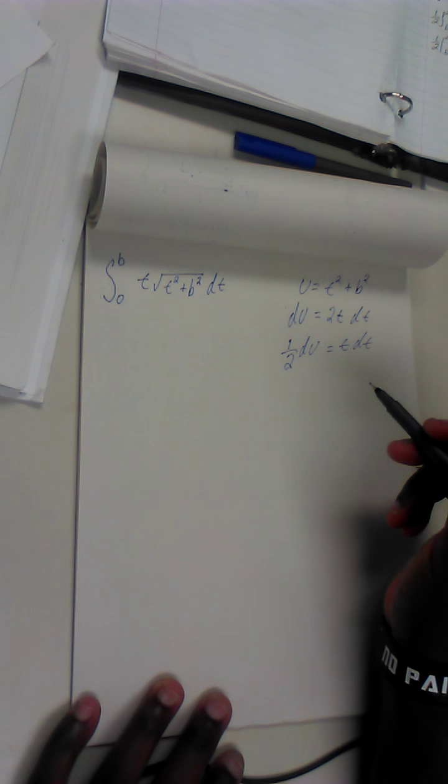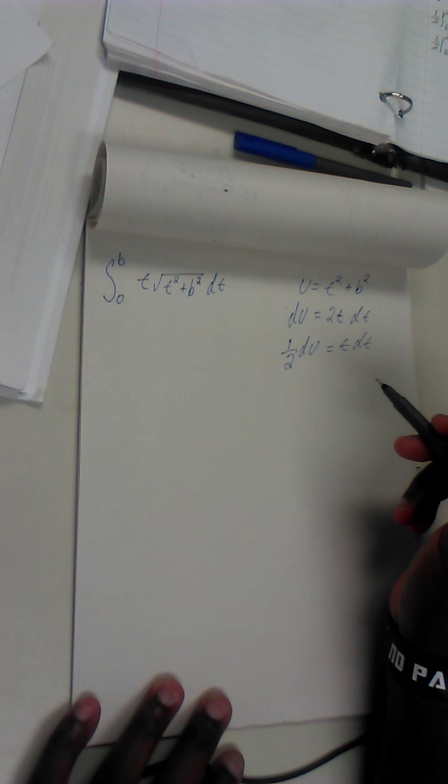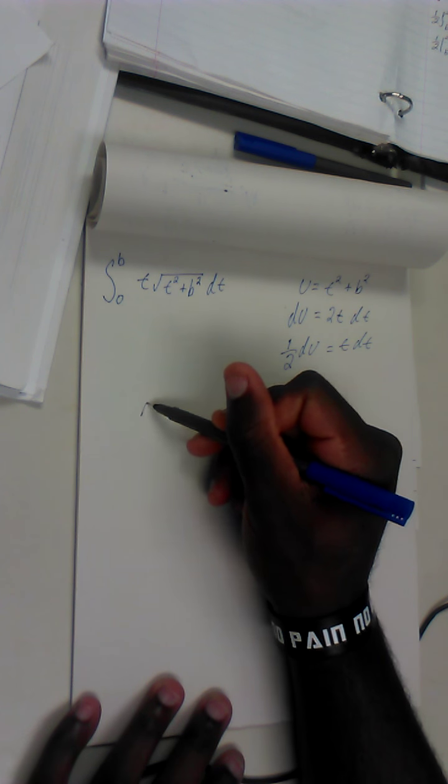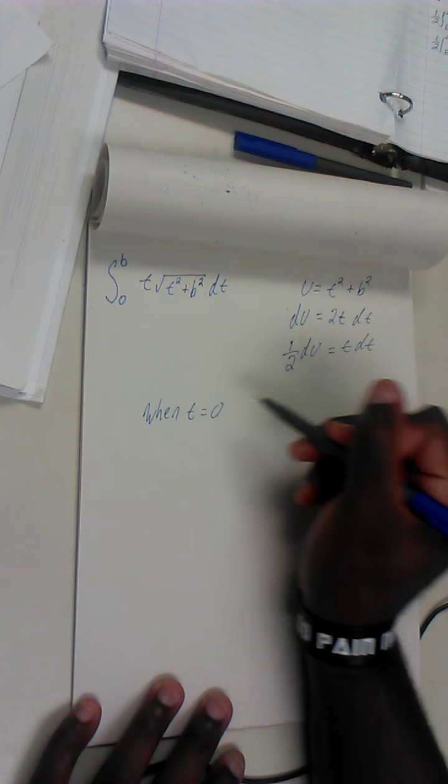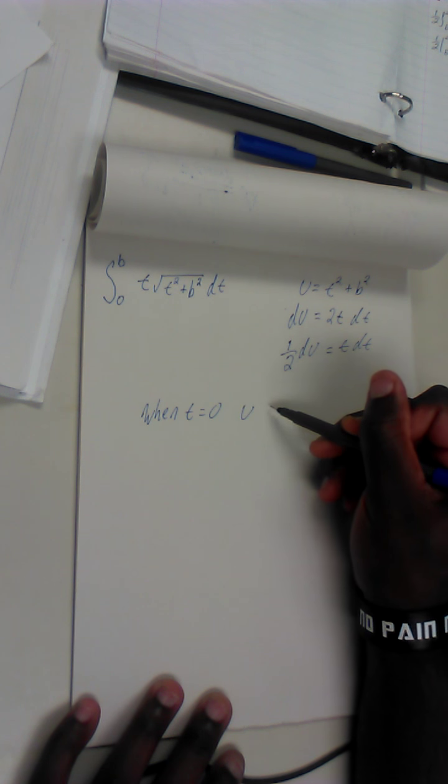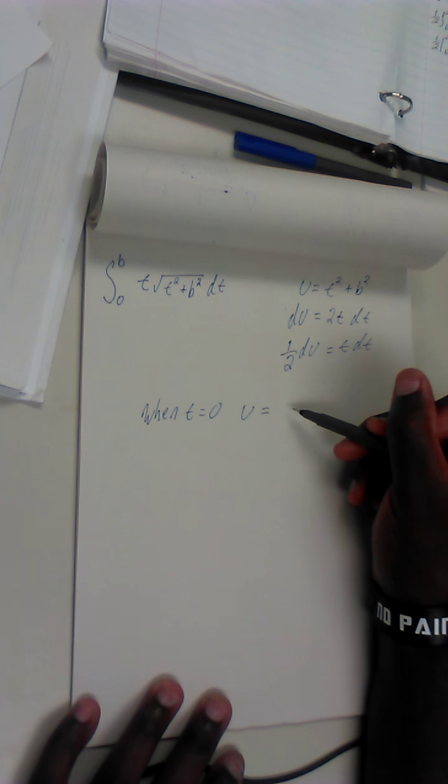So here, let's set our limits in terms of u. When t is equal to 0, u is equal to what? b squared.